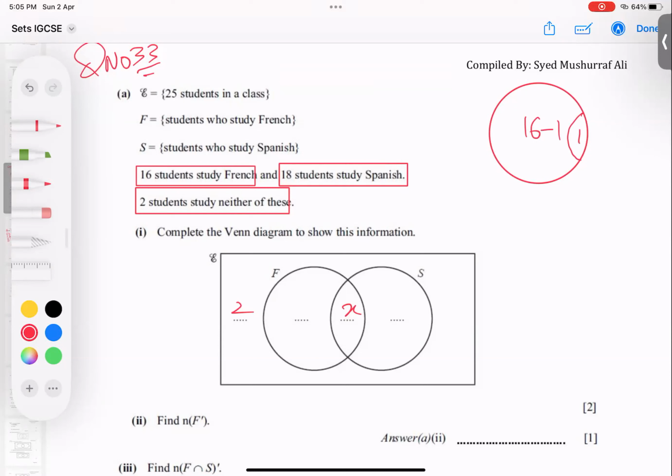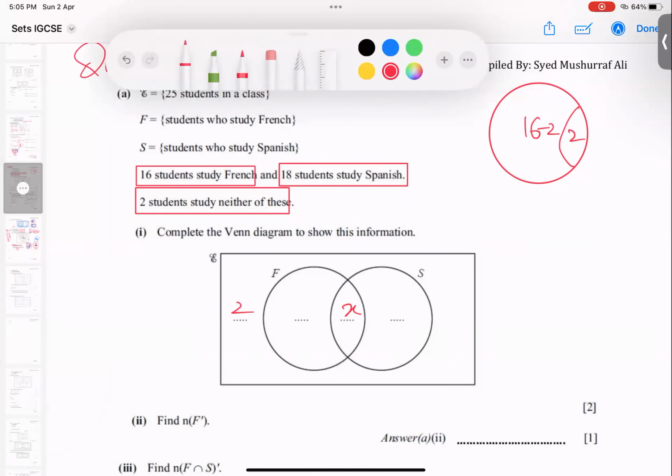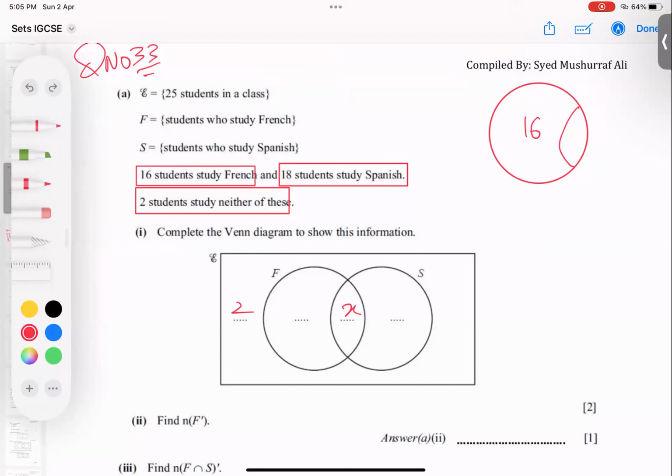If I take 2 students outside, what portion comes here? 16 minus 2. If I write 3 students, here should be 16 minus 3. Because actually there are 2 parts, one this part and one this part.